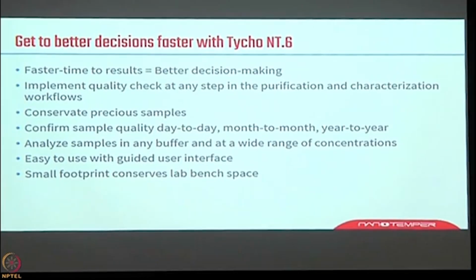You can always check batch-wise. You can analyze samples in a wide range, from 5 microgram per ml to 250 mg per ml. And as you can see, it is a very small instrument, you can hand carry it here and there, so it is very easy to work with.